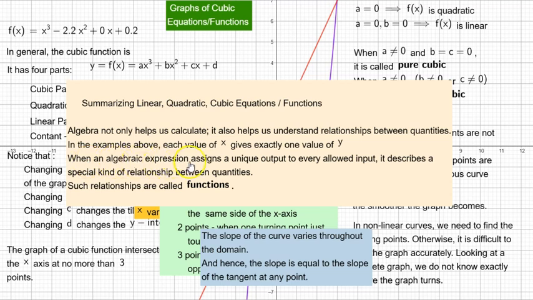When an algebraic expression assigns a unique output to every allowed input, it describes a special kind of relationship between quantities. Such relationships are called functions. So, we have seen linear functions, quadratic functions, and cubic functions, and some of their properties. That's it for now.